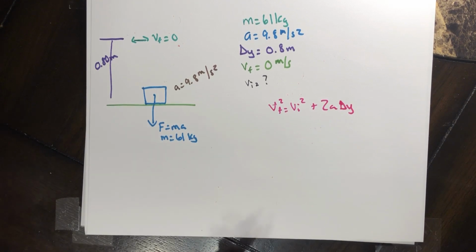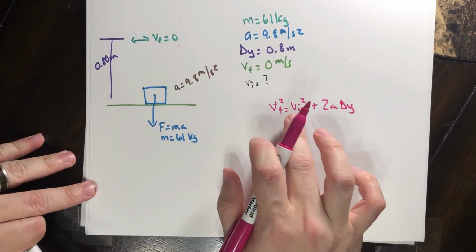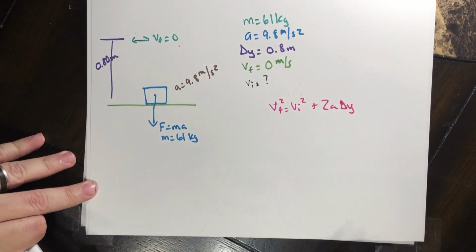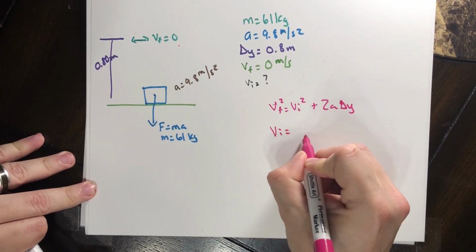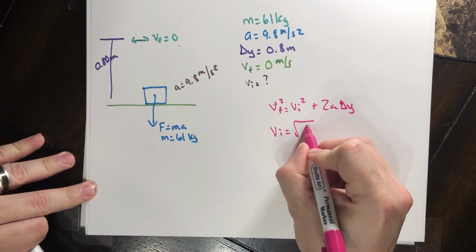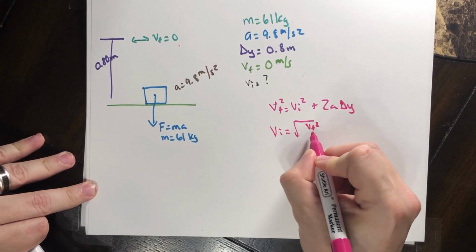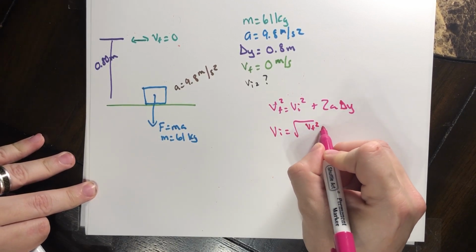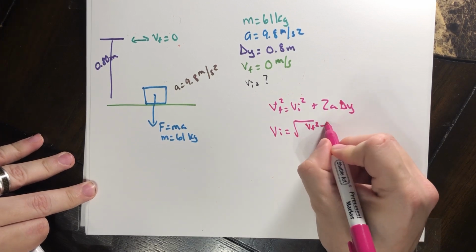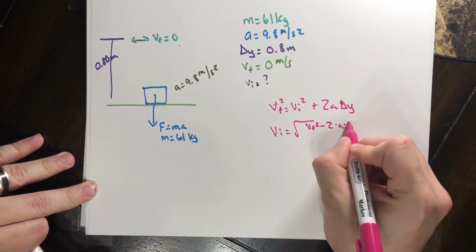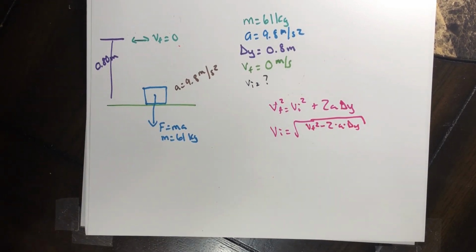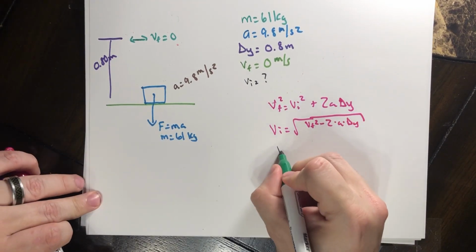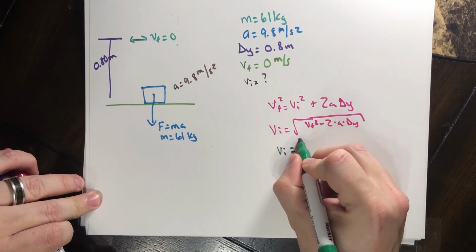If we do a little bit of algebra, bring all that over, and take the square root, we get that the initial velocity is the square root of the final velocity squared minus 2 times acceleration times change in y position. Okay? So we'll plug in all the numbers and put it into a calculator.